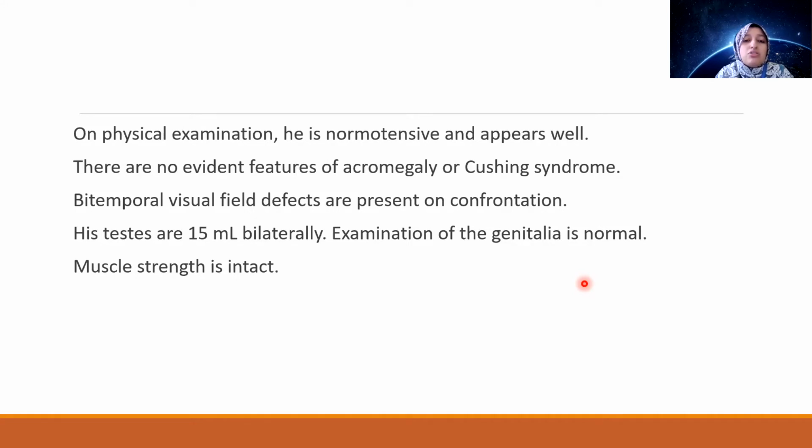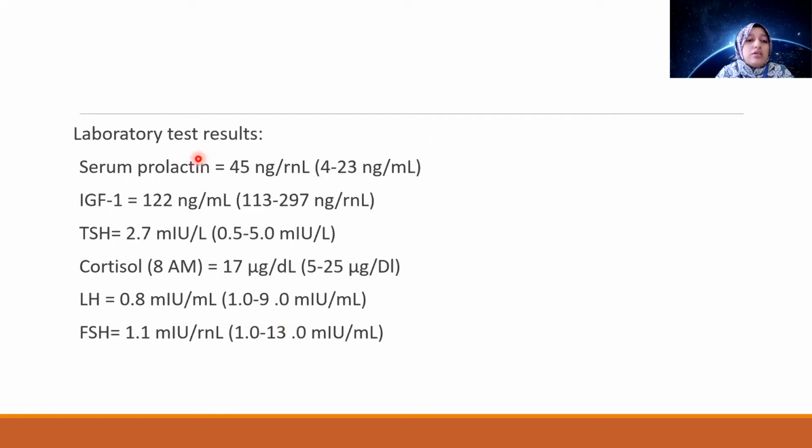On physical examination, he is normotensive, appears well, no features of acromegaly or Cushing's. Bitemporal visual field defects are present on confrontation, and his visual acuity is 20/15 bilaterally. An examination of the genitalia is otherwise normal, muscle strength is intact. Lab results show a serum prolactin level of 45, and the range is between 4 and 23.